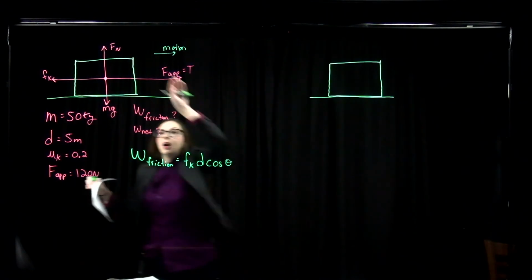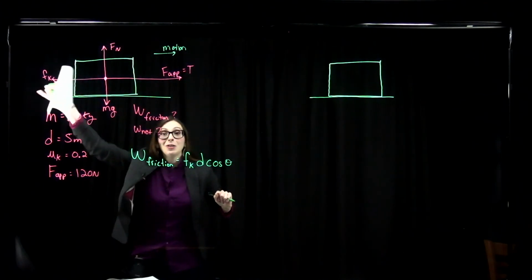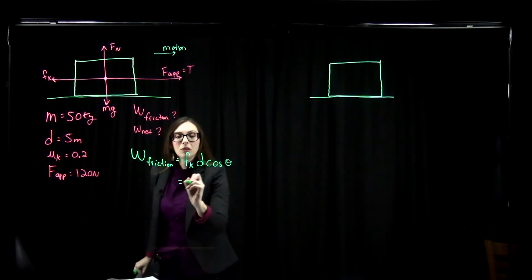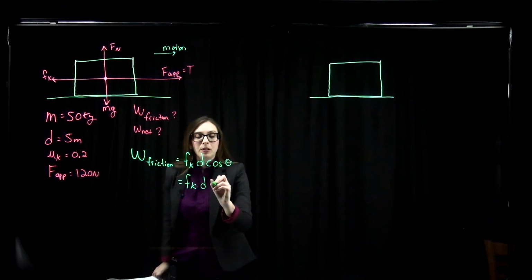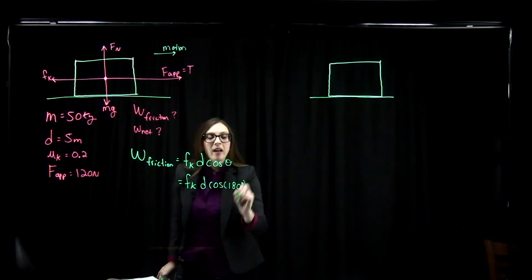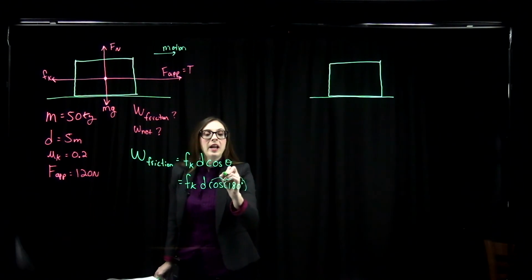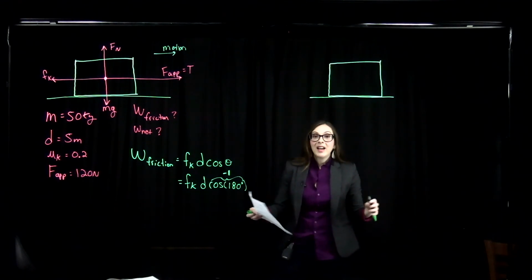In this case, our direction of motion is this way. Our force is applied 180 degrees opposite that. So this is going to equal our kinetic friction times the distance pulled times cosine of 180 degrees. Cosine of 180 degrees is -1. So the work that friction does is going to be a negative value.